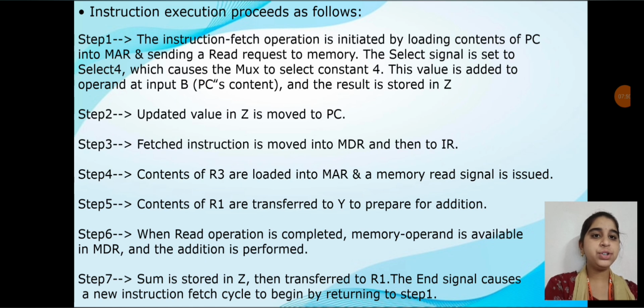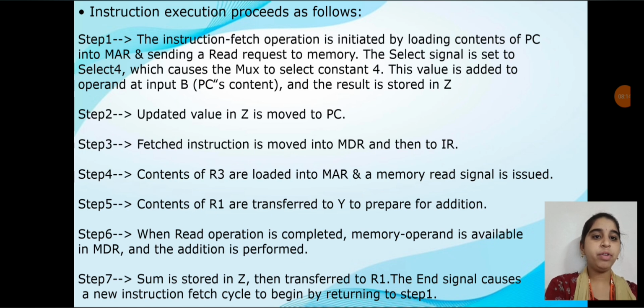Step 3. The fetched instruction is moved into MDR and then to IR, the instruction register. Step 4. Contents of register 3 are loaded into MAR and a memory read signal is issued. Step 5. Contents of register 1 are transferred to Y to prepare for addition.